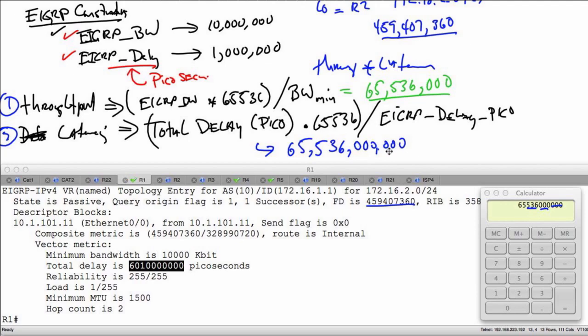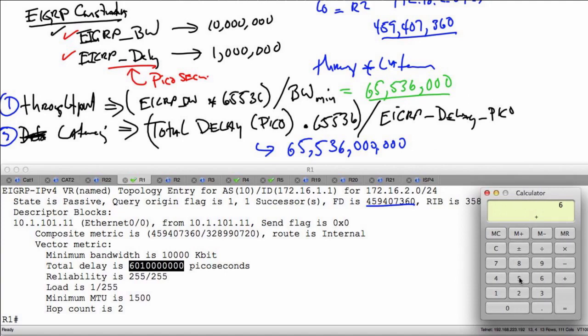Now I'm going to take these values and add them up. I'm going to take my lower one and add my second one to it, and it's going to give me 65,536,000. Press enter.